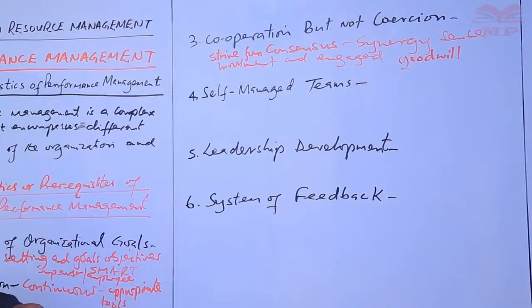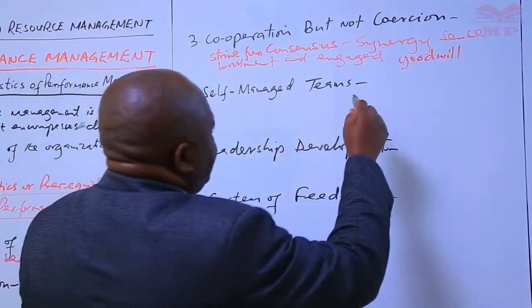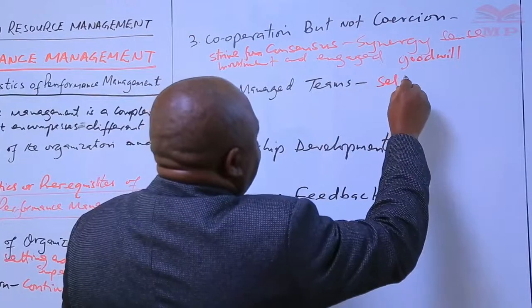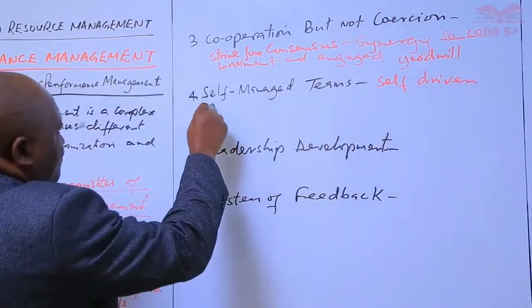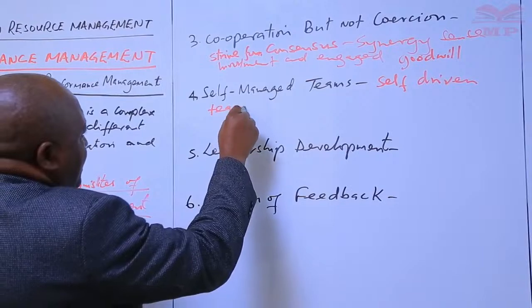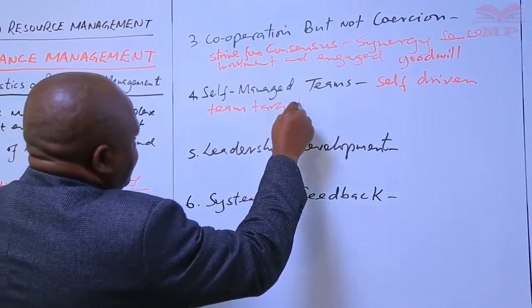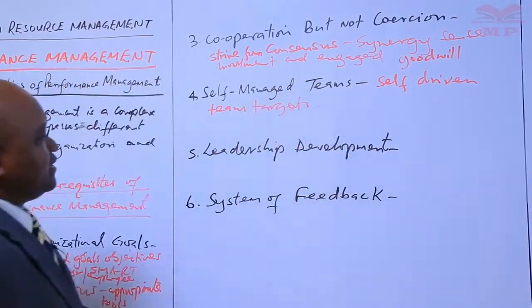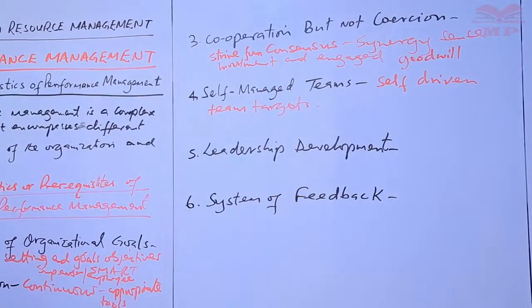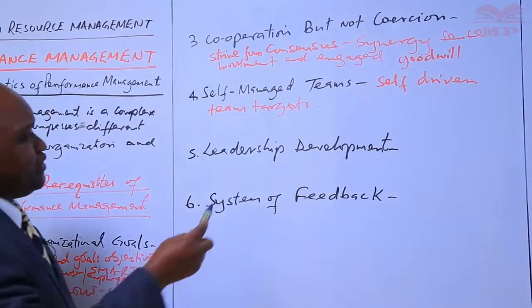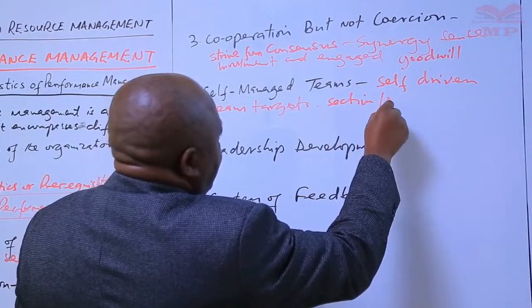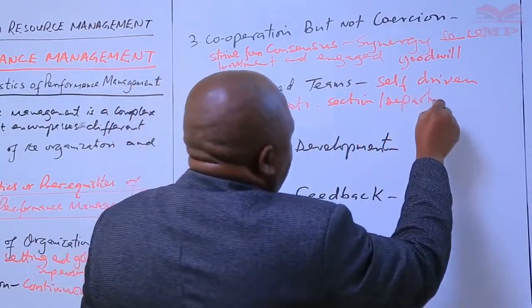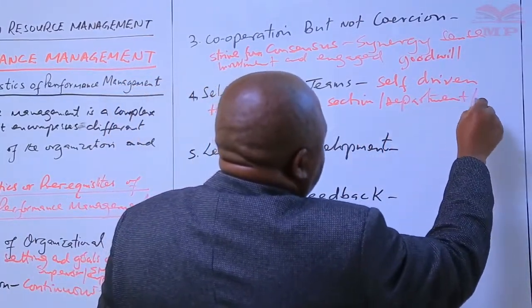So, the aspect of self-managed teams. These self-managed teams are self-driven. You may have what you call team targets, built around a group. This could be a section, a department, or a branch.